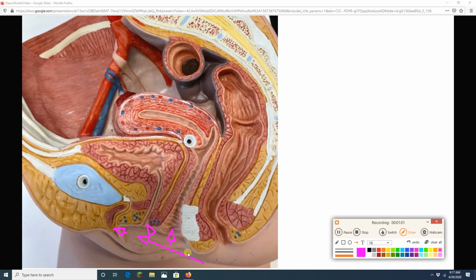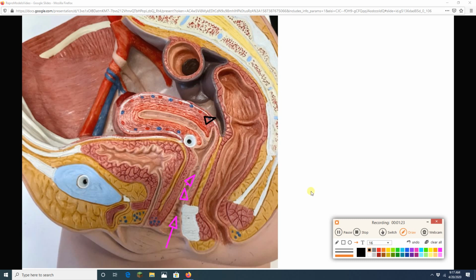If we look at some of these internal organs now, we can see the vaginal canal right here. You can see all the rugae that are present, all the folds that allow for expansion. The vaginal canal is going to go up and meet with the cervix.